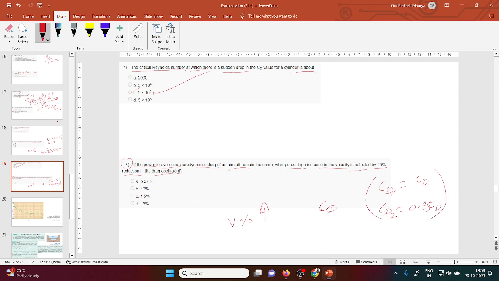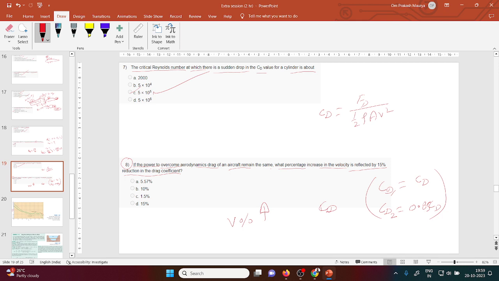Now, what percentage increase in the velocity? So your CD is related to FD divided by half rho A V square. This is the formula.